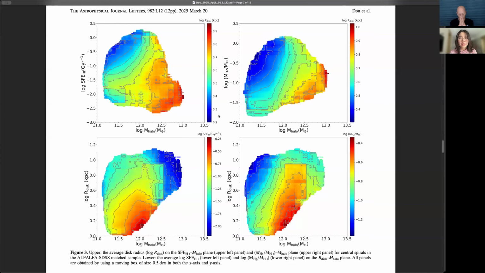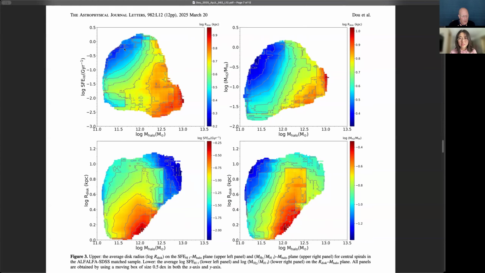A higher spin and lower concentration will lead to a more extended disk. On the other hand, more compact halos will lead to a smaller disk.